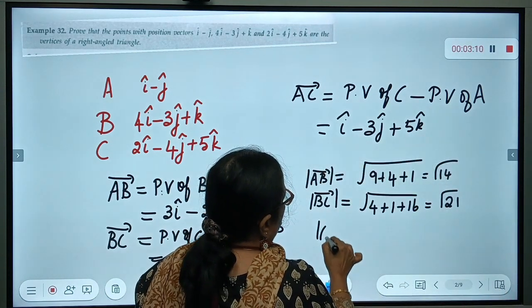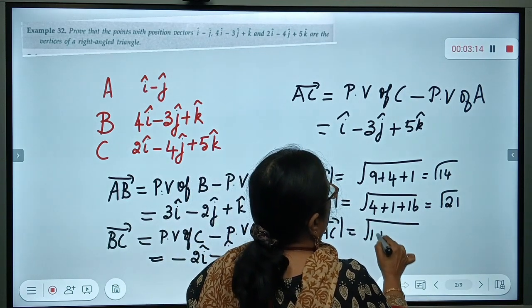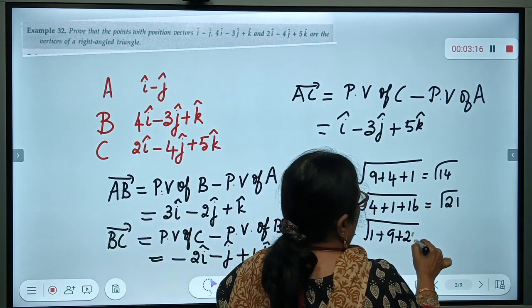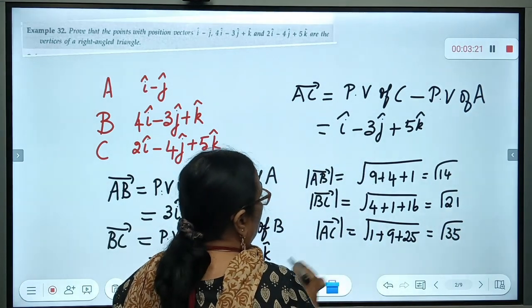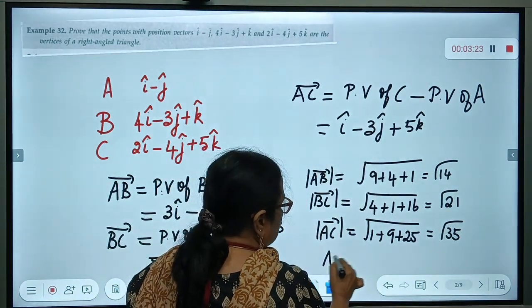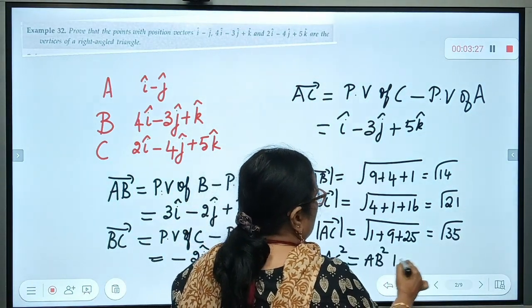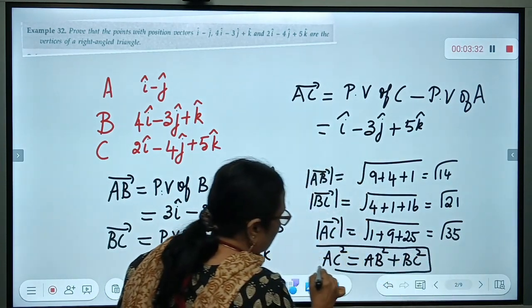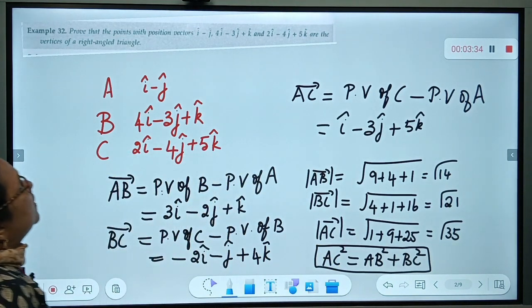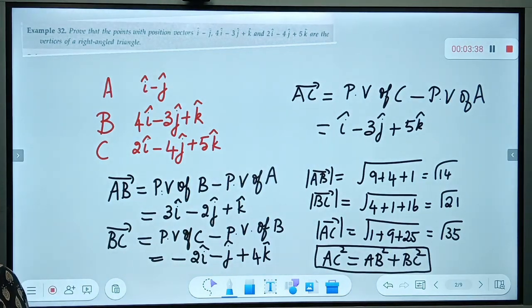Now, modulus of AC vector will be square root of 1 plus 9 plus 25, which is root 35. Okay. Now, you can see AC square is equal to AB square plus BC square. Therefore, the given points whose position vectors are given represent that of a right angle triangle. Is it clear?